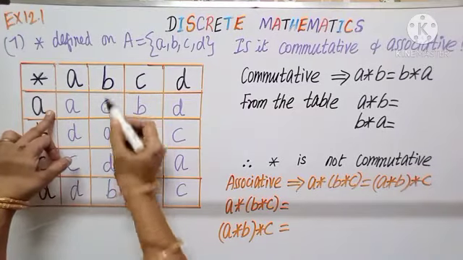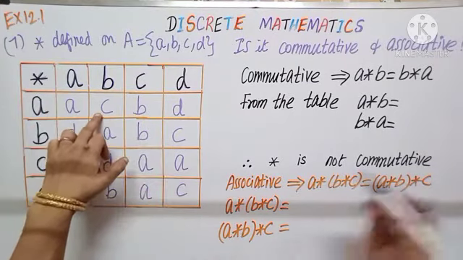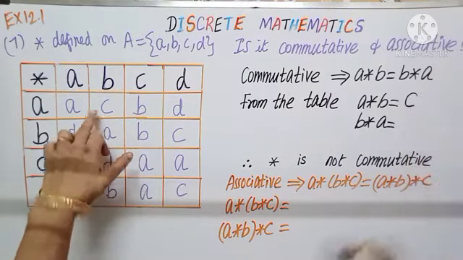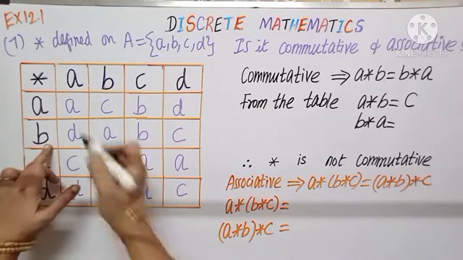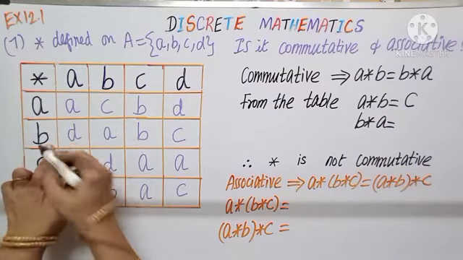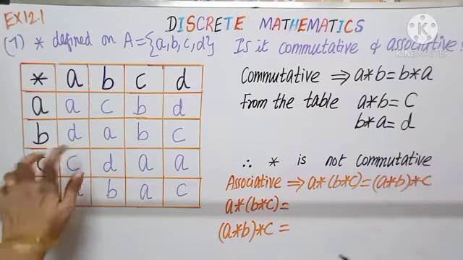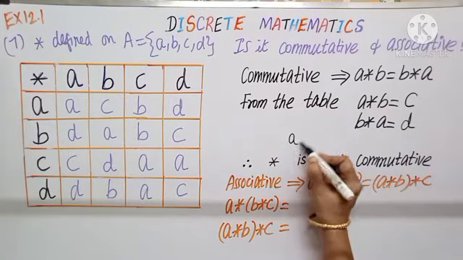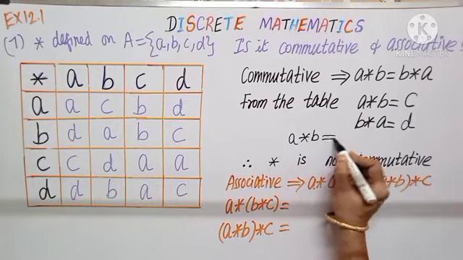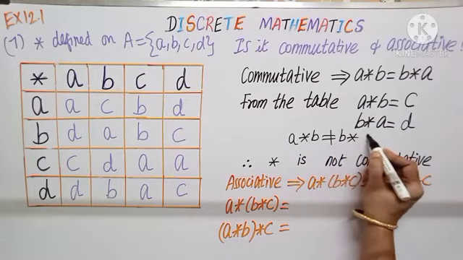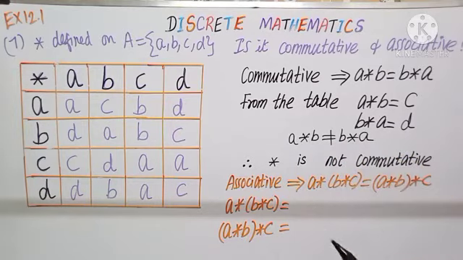A star B, the answer is C. B star A, B here, A here. What is the answer? B star A, I get D. Are they equal? No. So A star B is not equal to B star A, and so star is not commutative.